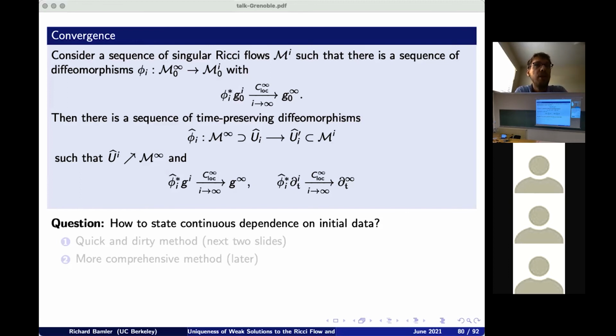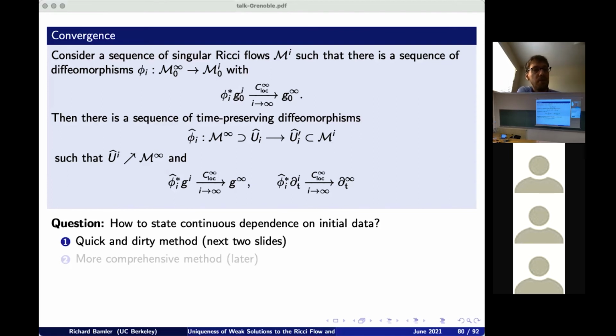Okay, so how do we say that a family of singular Ricci flows is continuous? Recall, singular Ricci flows are only unique up to isometry. So for every parameter, every singular Ricci flow could live on a different manifold. So we need to do some work to state continuous dependence more precisely here. And it turns out there are two methods.